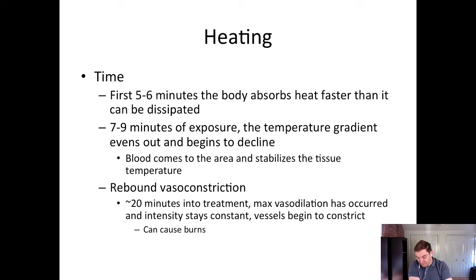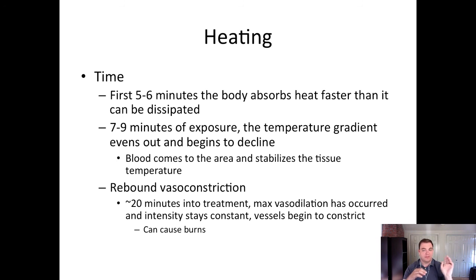About the first 5 to 6 minutes, your body absorbs heat faster than it can be dissipated, right? So it's absorbing it really fast before it can get dissipated in the outside environment or in the other environments. About 7 to 9 minutes of exposure, the temperature gradient evens out and begins to actually decline. Blood comes to the area and stabilizes the tissue temperature. Vasoconstriction can occur, rebound vasoconstriction.